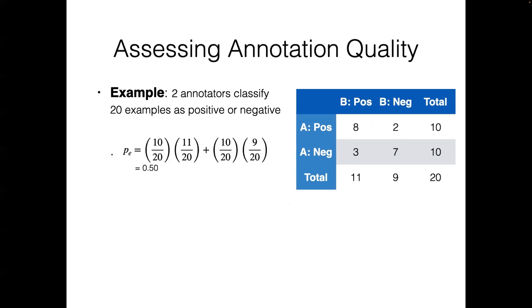And so you could compute this expected probability as follows. Here you look at each annotator, and annotator A has an expected probability of giving a positive label of 10 over 20.